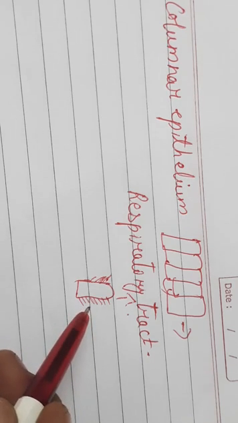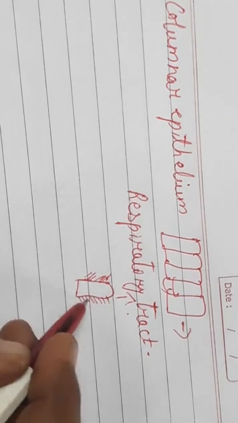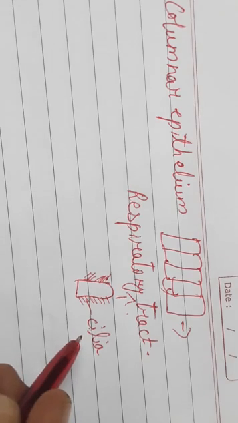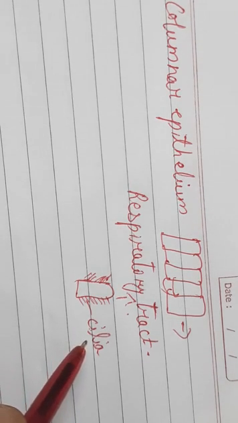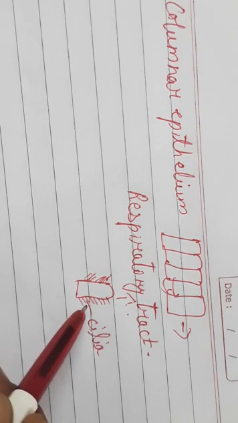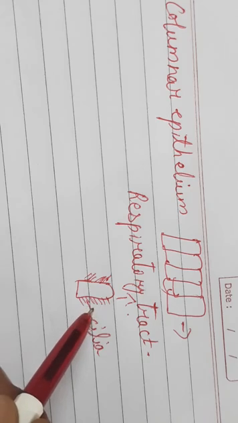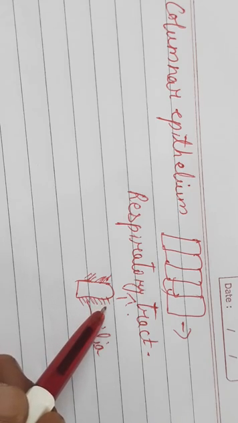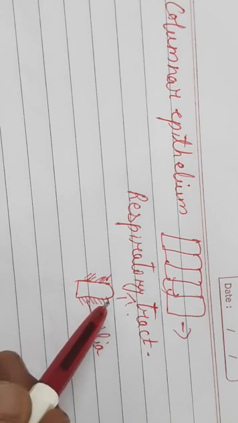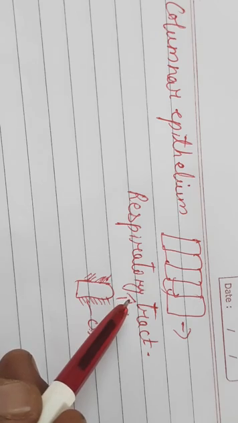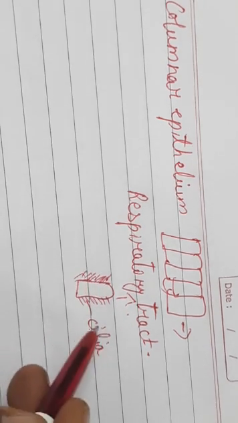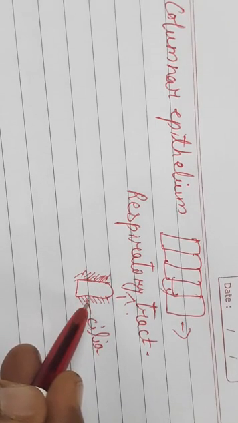This hair-like structure is called cilia. This you have already studied. Paramecium and amoeba also have cilia. This cilia can move, and because of this movement, it pushes the mucus forward. You all know that in our respiratory tract we have mucus, and this mucus is moved by the cilia. Clear, children?